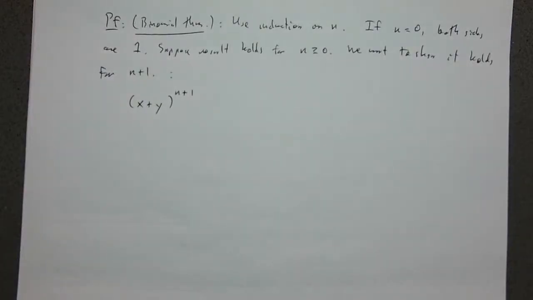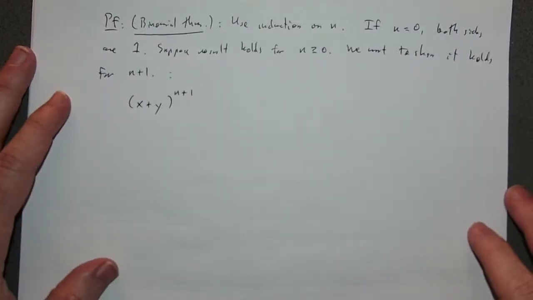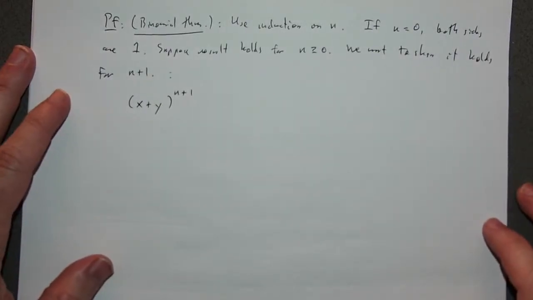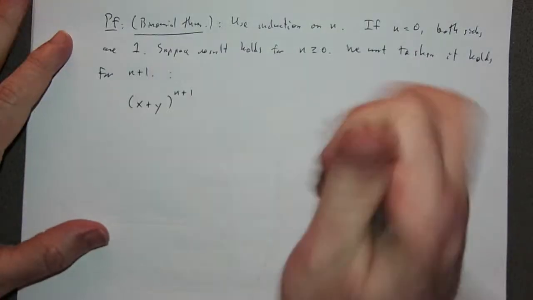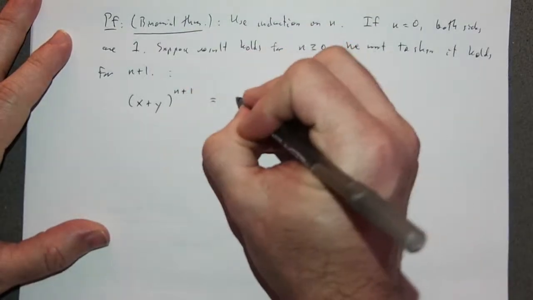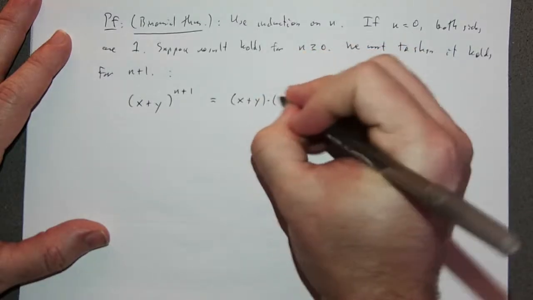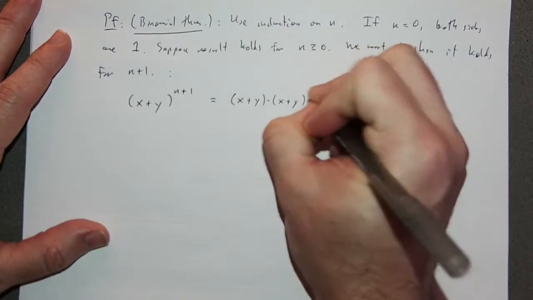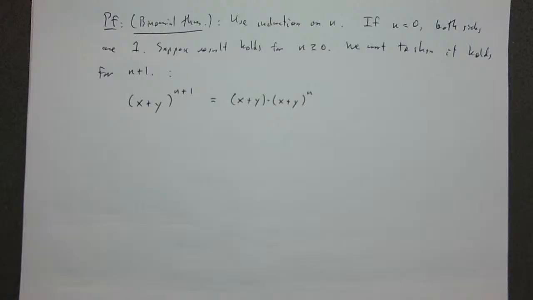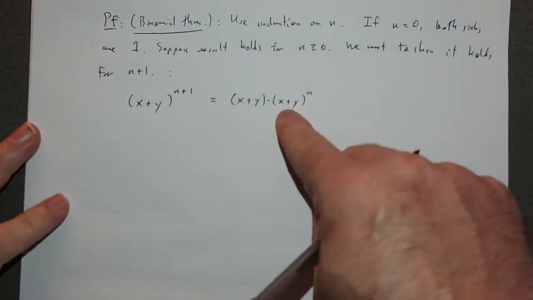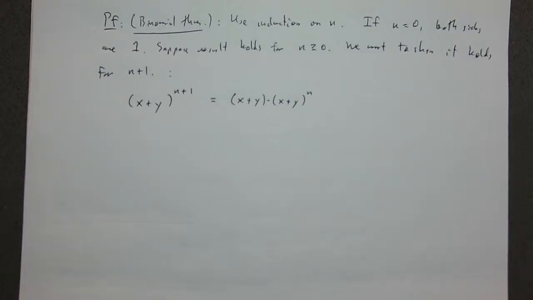Let's say that I have x plus y to the n plus 1. Of course, this can be rewritten as x plus y times x plus y to the n. And I know that by our induction hypothesis, the binomial theorem is true for this term.